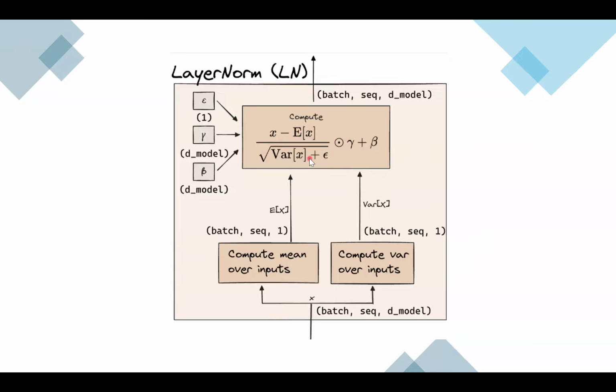Also, one question which a lot of people ask is why use layer normalization? This is a replacement of batch normalization, which has been used in convolutional neural networks. The reason is that layer normalization permits us to normalize individual prompts or individual sequences over the D model, rather than relying on the batch.